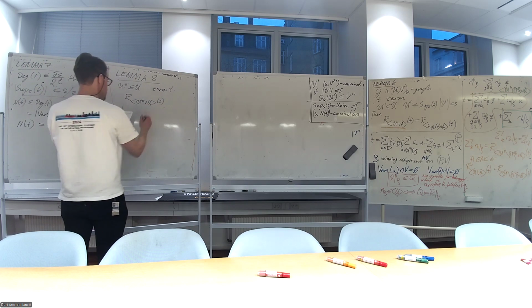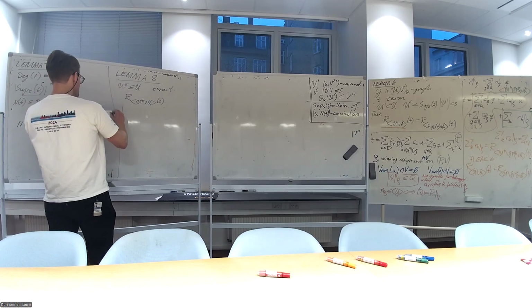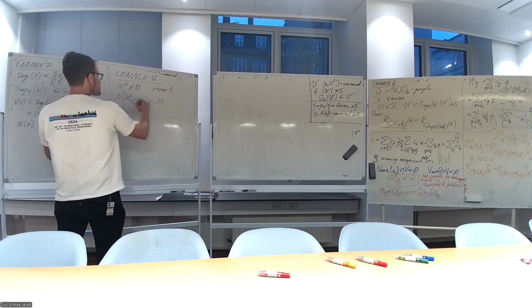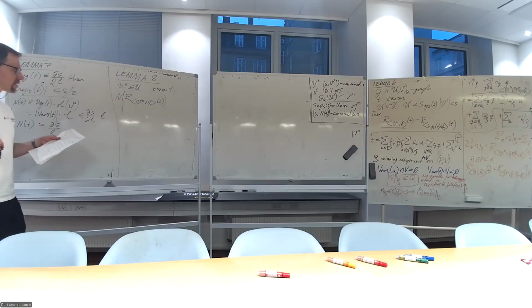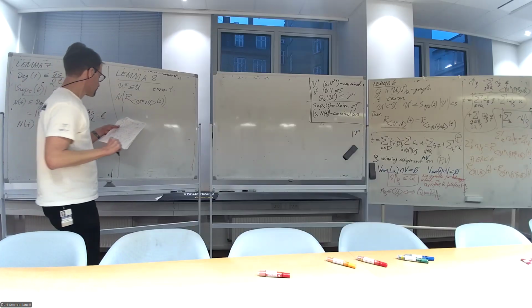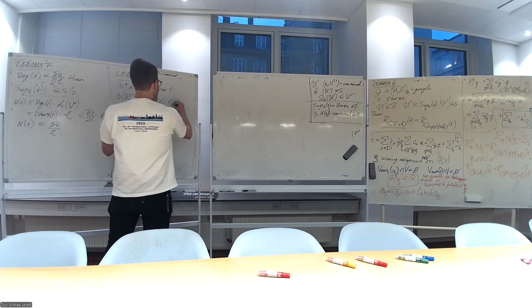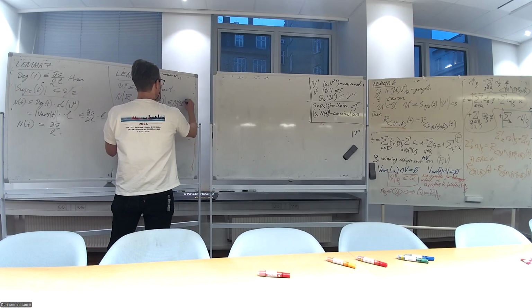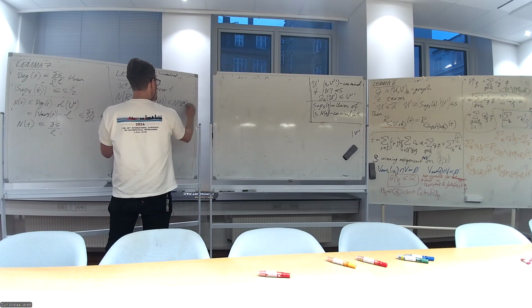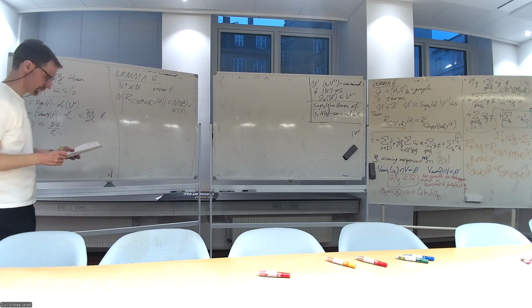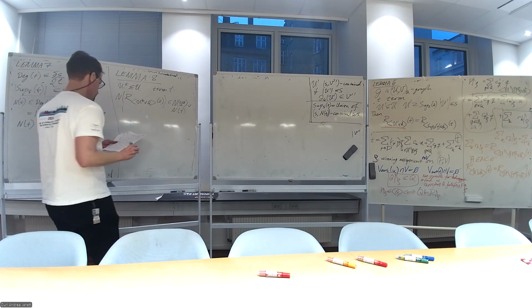So reduce T. And the question is, what can my neighbor set be like now? And I claim that, well, this is going to be, I will only get neighbors of U star plus neighbors of T.